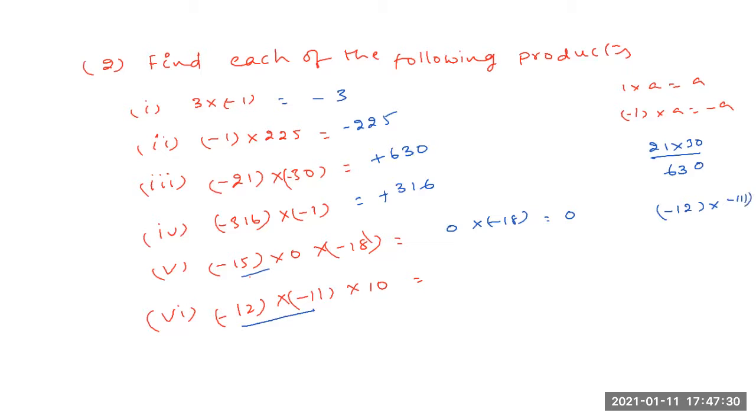First forget the minus. So 12 elevens are 132. First you have to put that 132. Next, negative number into negative number is always positive. So 132 into the next number, 10. 132 into 10 is 1320. So the answer is 1320.